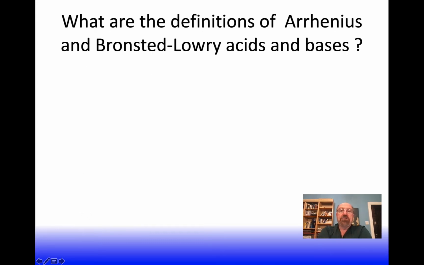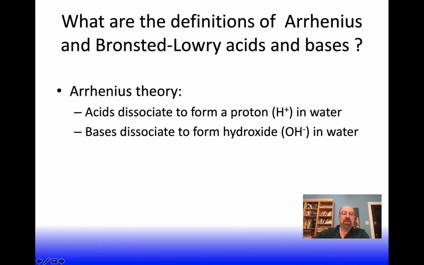Now, we already have talked about the Arrhenius theory of acids and bases. When we talked about it, it was at a very simple level because it's the simplest theory. The Arrhenius theory says that acids dissociate in water to form a proton, and bases dissociate in water to form a hydroxide ion. What this means is a couple of things. First, you have to have a hydrogen up front in your acid.